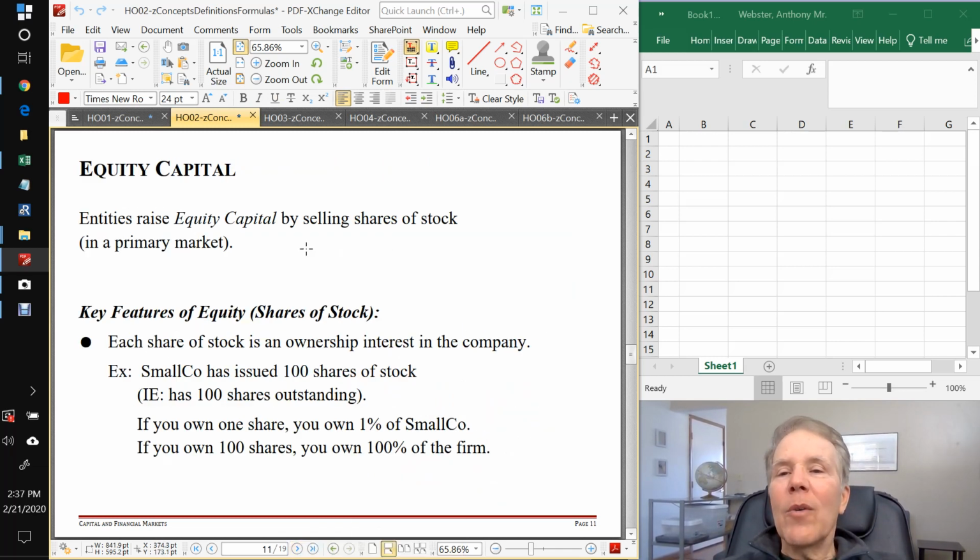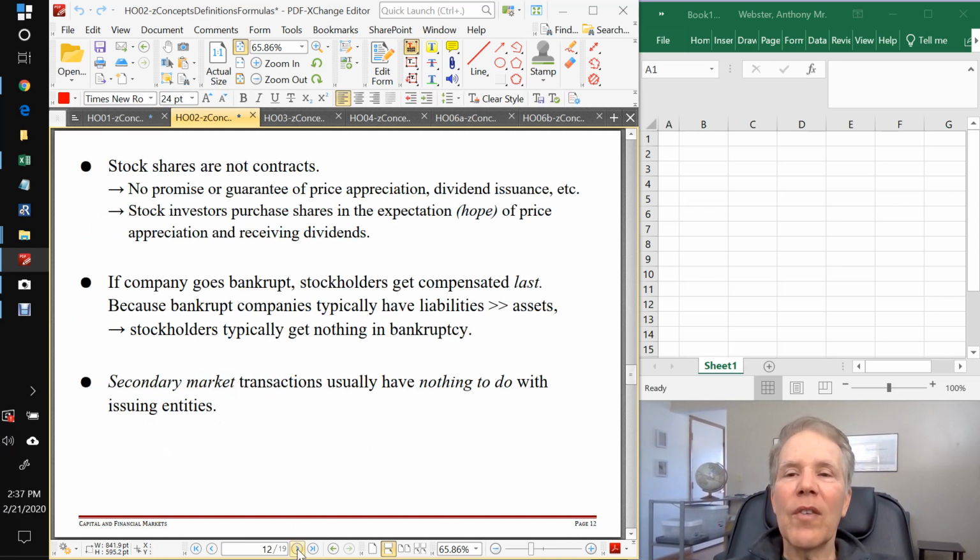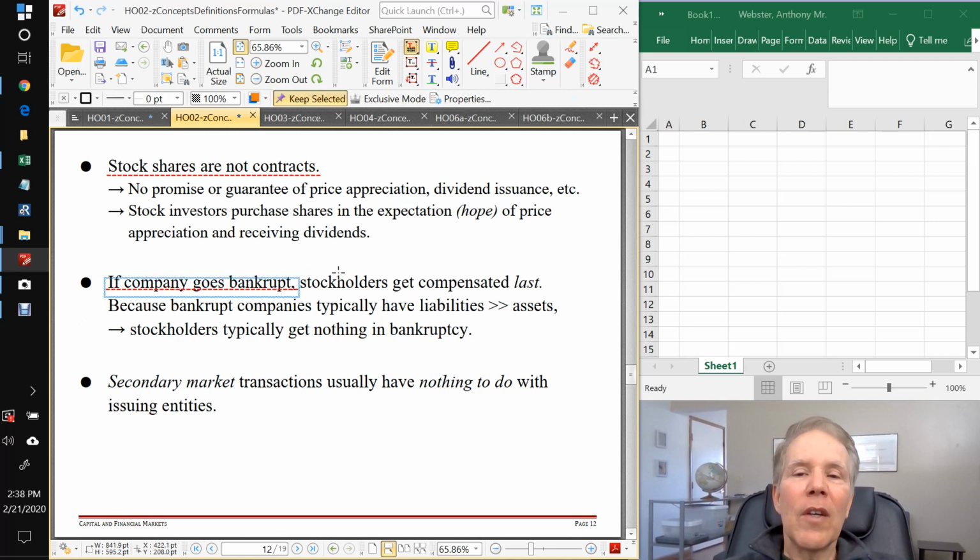Okay, so equity capital, you get equity capital by how? Selling shares of stock, right? And we talked about the implications of that. And again, the key point is that shares of stock are not contract. Shareholders are promised nothing except the implicit guarantee that the management of the company will not be fraudulent. And stockholders, in the case of bankruptcy, are usually totally screwed.